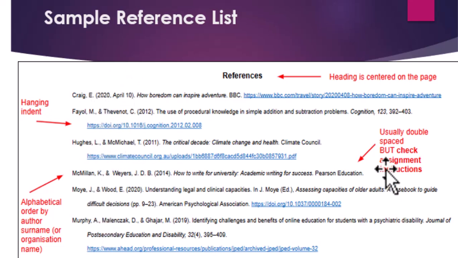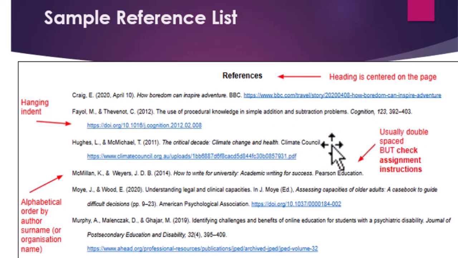And then the last one is that they are usually double spaced, but you should check the assignment instructions. For instance, when you are writing a dissertation or a thesis, you will find that some may require 1.5 spacing, others will require single spacing. So you should check that.